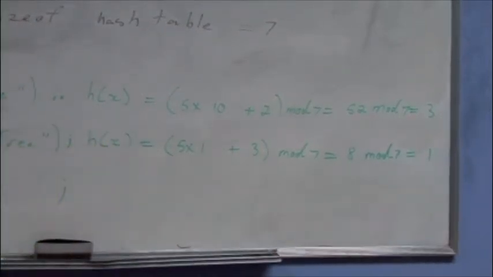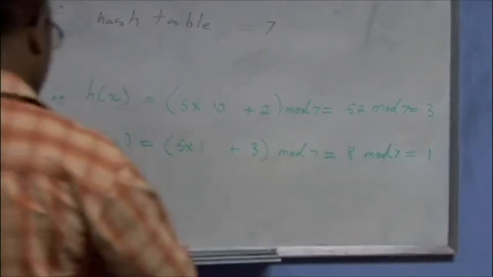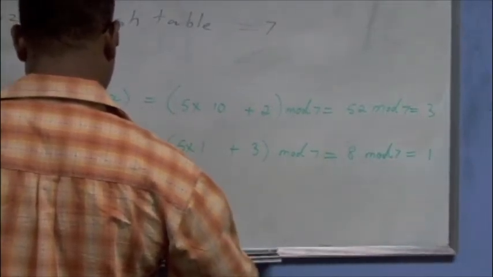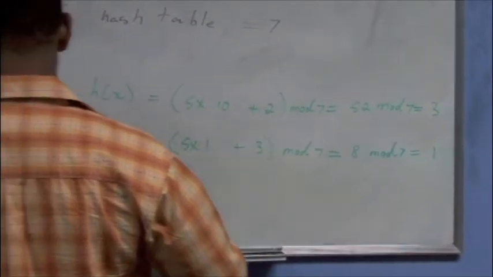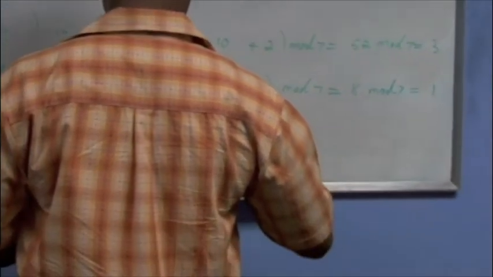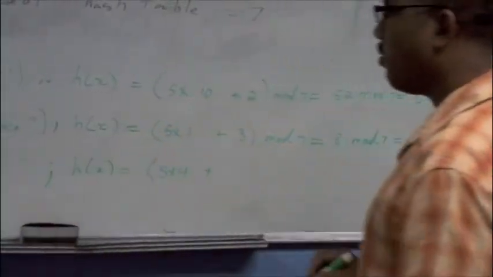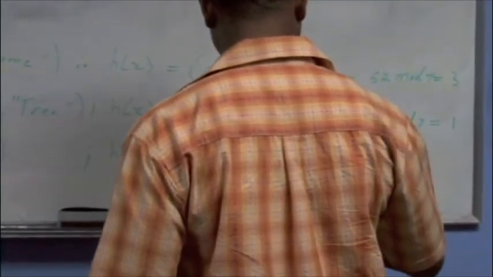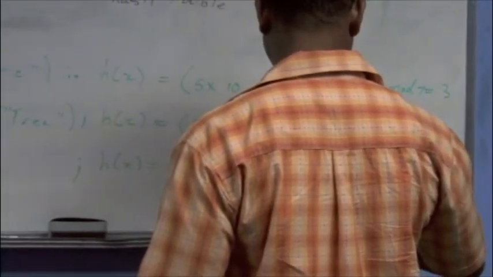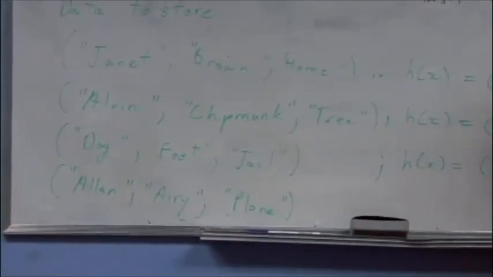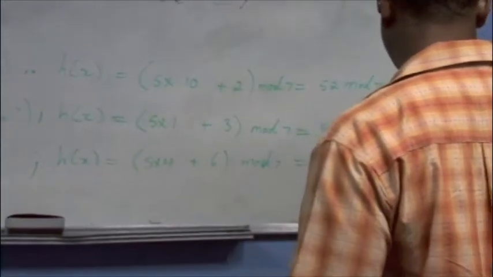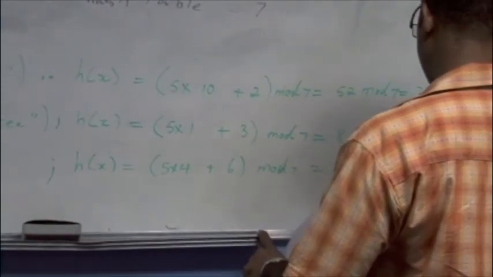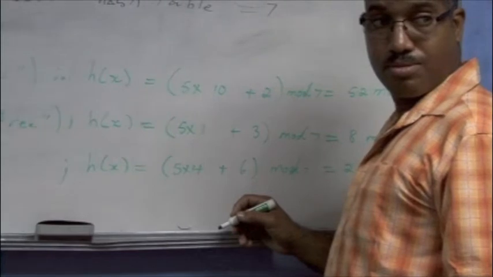For this one, D is the fourth letter in the alphabet. F is the sixth letter, right? So just 5. You agree with 5? Yes, sir.